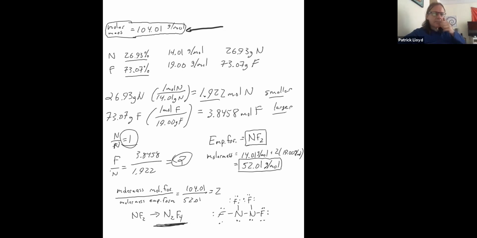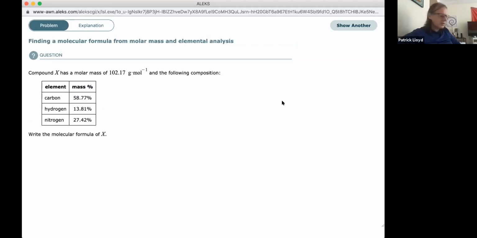Just one quick point: there's one more type of problem at the end here that they throw in. We don't have time to go over it, but I'm going to show you what it looks like. The only difference here is that they give you 3 elements instead of 2. Same idea.